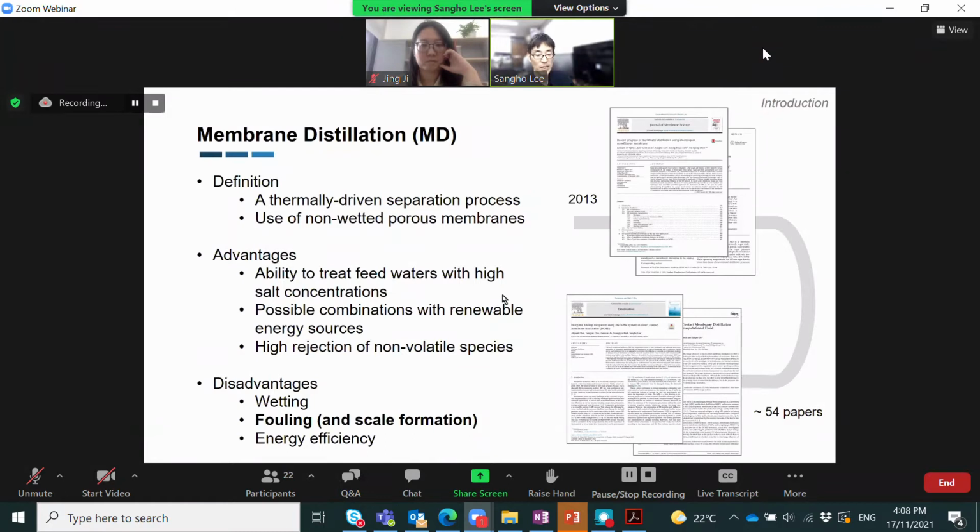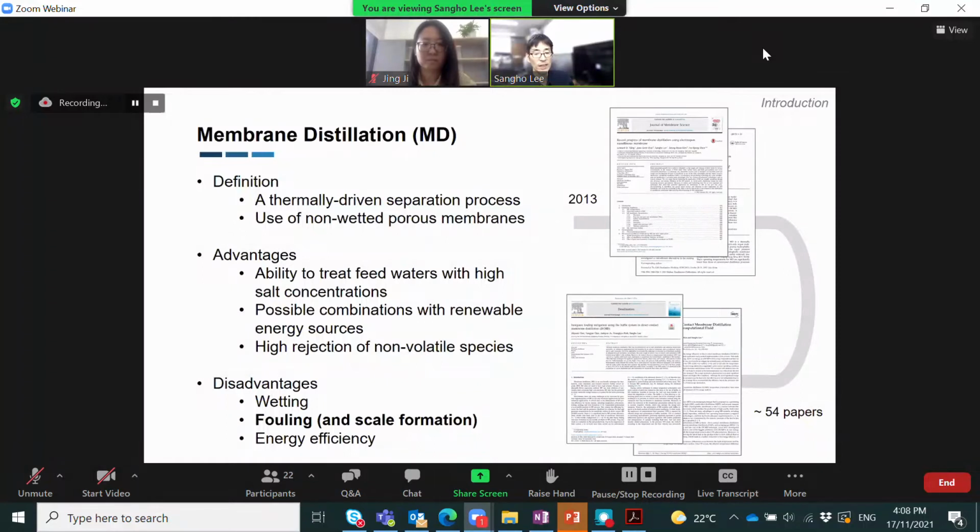Membrane distillation has recently been studied widely. As you know, this is a thermally driven process, and it uses hydrophobic porous membranes. It has a lot of advantages, like very high rejection, the ability to concentrate high salinity feed water, and it can be easily combined with renewable energies.